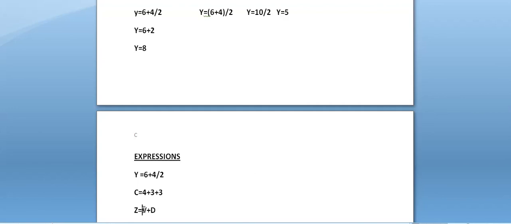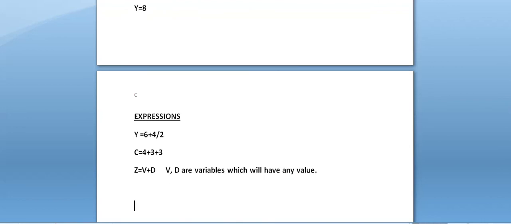Here v and d are variables, which will be having any value. Okay. Now there are two types of expression.